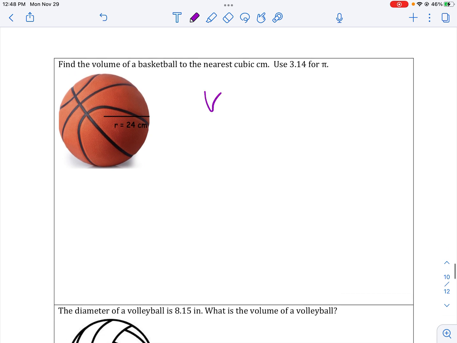Same thing, let's find the volume of this basketball here. Here's my formula. I'm going to substitute the only number we need to find for volume of a sphere, which is the radius. So substitute that in for r.